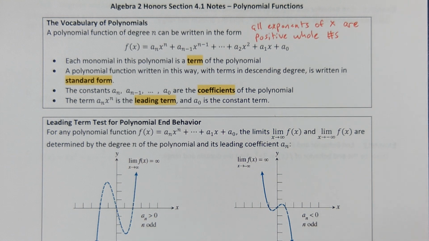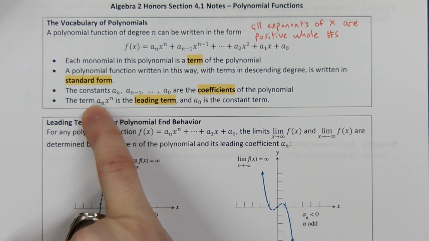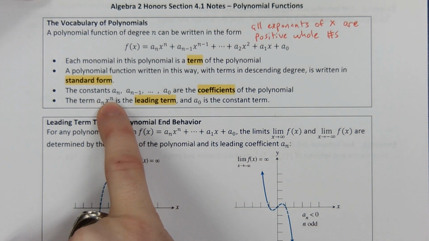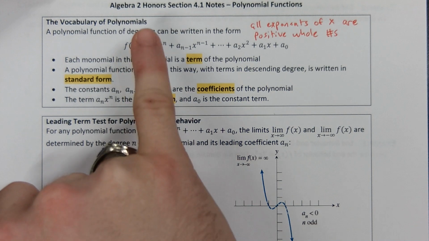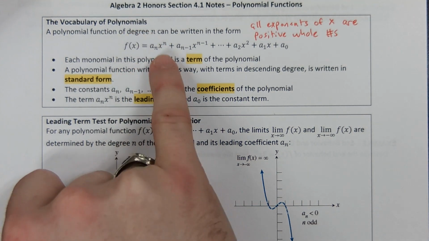That should have been the leading term. It should have been written in the front. The coefficient of that x would be known as the leading coefficient. So this a sub n would be our leading coefficient, and the biggest exponent would be the degree of the polynomial.